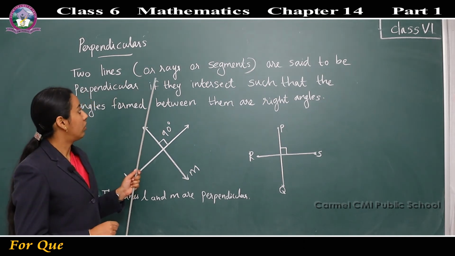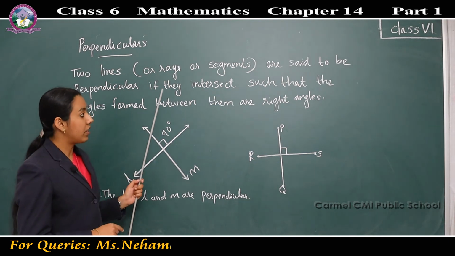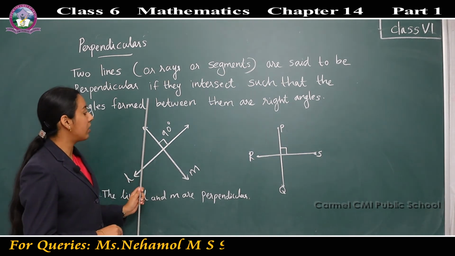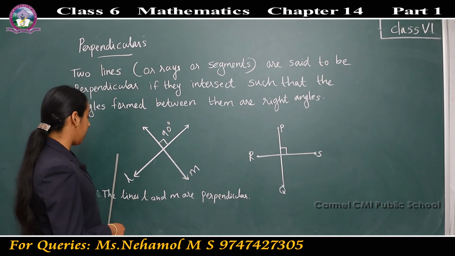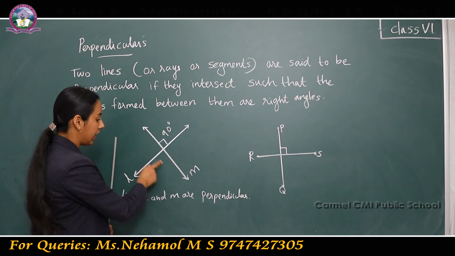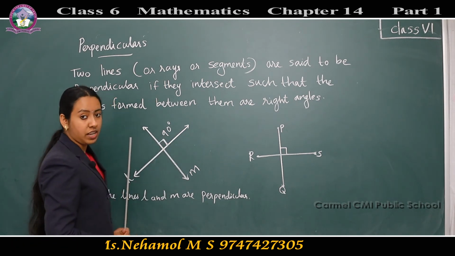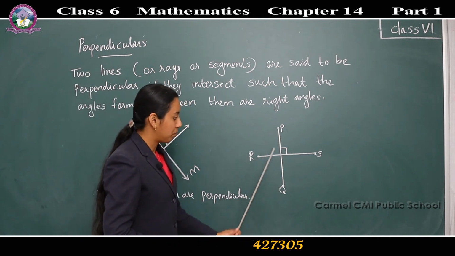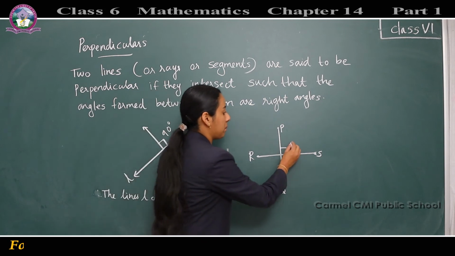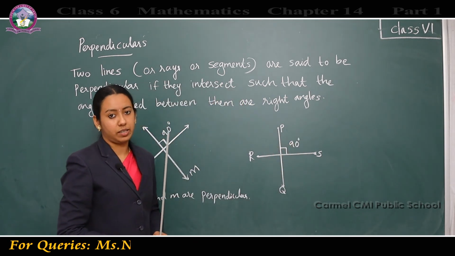Examples are given here. Line L and line M are perpendicular. Angle formed is 90 degree, a right angle, so they are perpendicular. Similarly here also PQ and RS are perpendicular to each other, angle formed is 90 degree.